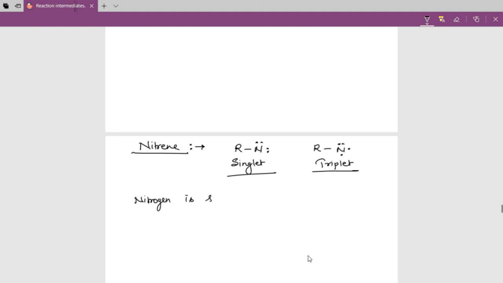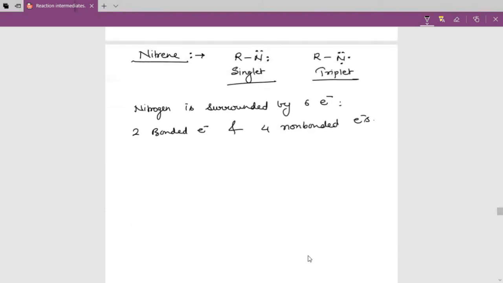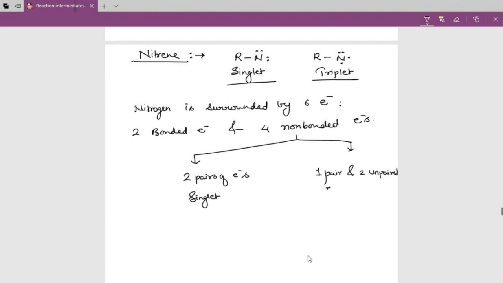Nitrogen is surrounded by 6 electrons, 2 bonded electrons and 4 non-bonded electrons. Those 4 non-bonded electrons can be as 2 pairs of electrons, then it is singlet, or it could be 1 pair and 2 unpaired electrons, then it is called triplet.